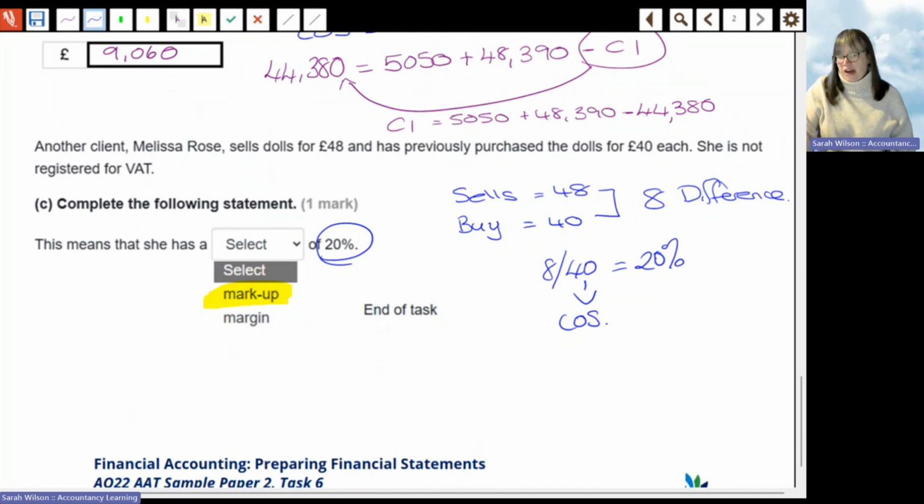And we can prove that then by taking our cost of sales and we're going to multiply it by 1.2 because we're adding on that 20%, and that gives us 48. So we know that we have that right. This then brings us to the end of task 6.